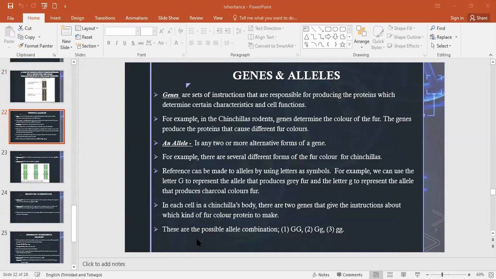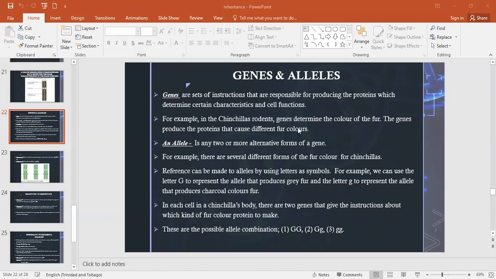For example, in chinchilla rodents, which are basically rats, you have genes that determine the color of the fur. Even in your animals, like your dog, your cat, your duck, if anybody has a duck, or your chicken, genes are responsible for determining that color.